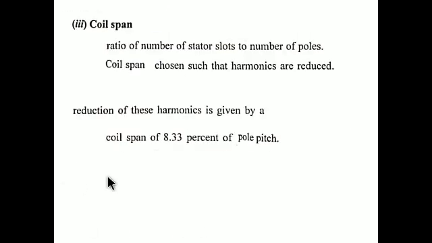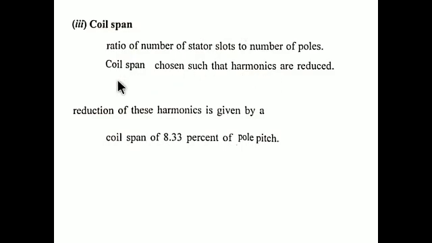The third content is the coil span. Generally the coil span is the ratio of the number of stator slots to the number of poles, the slots to pole ratio. By selecting a proper coil span, we achieve a reduction of harmonics.